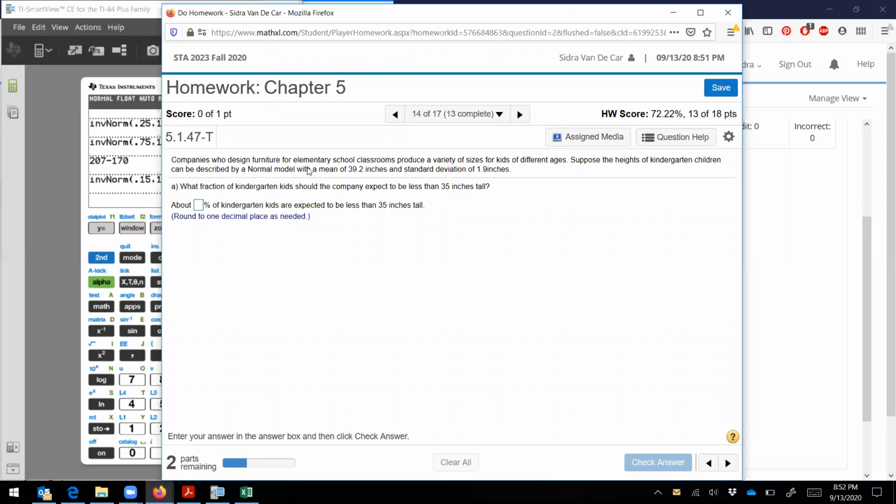Companies who design furniture for elementary school classrooms produce a variety of sizes for kids of different ages. Suppose the heights of kindergarten children can be described by a normal model with a mean of 39.2 and a standard deviation of 1.9. What fraction of kindergarten kids should the company expect to be less than 35 inches tall? All right, so we've got a mean at 39.2. Here's 35.